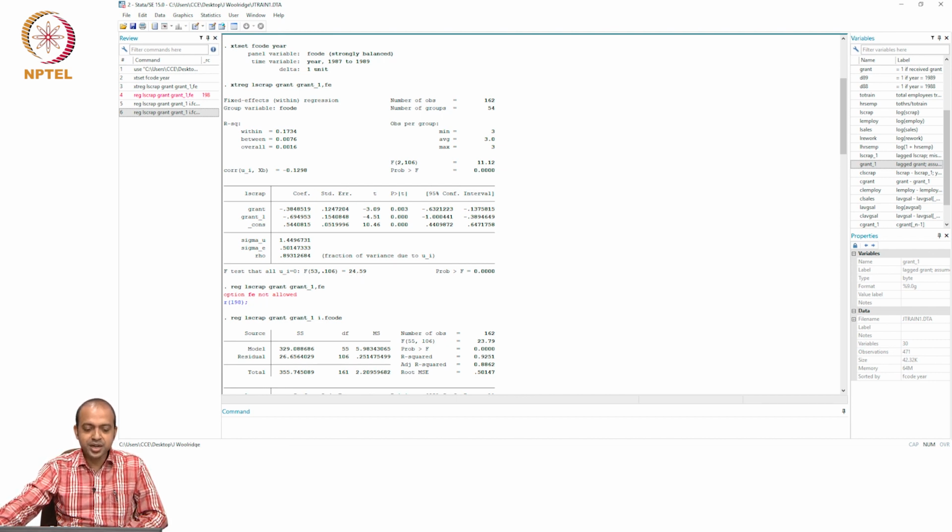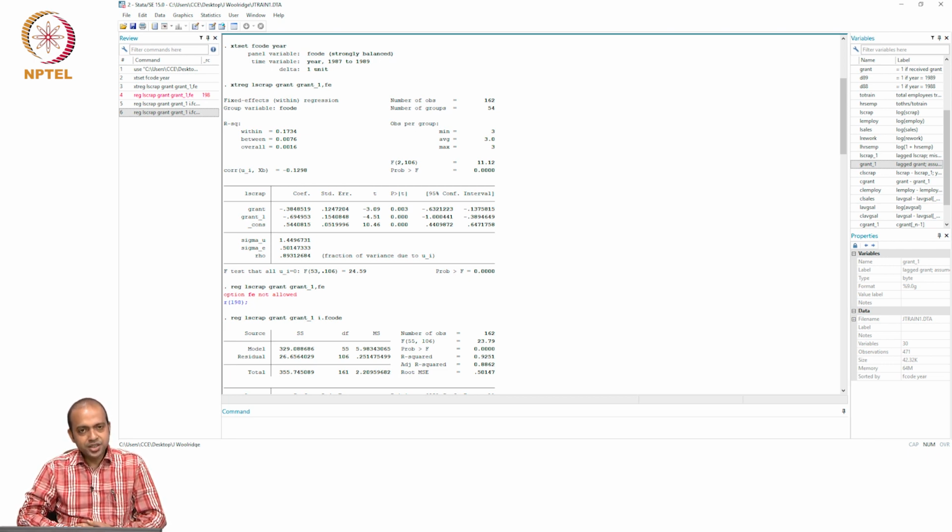So, how is this F statistic calculated? Basically, if you recall from our basic econometrics, Stata is actually estimating two versions of this model. One is called restricted, another one is called unrestricted.